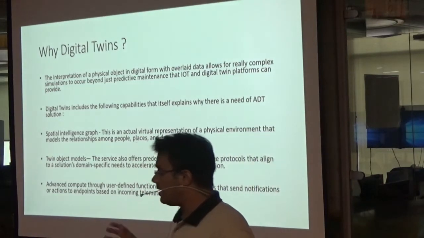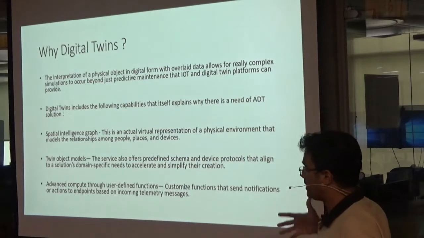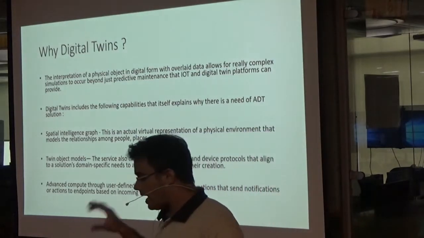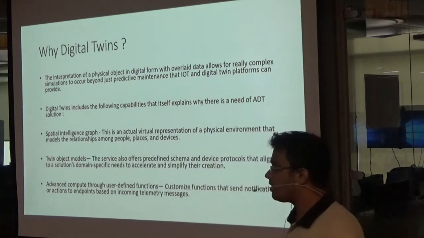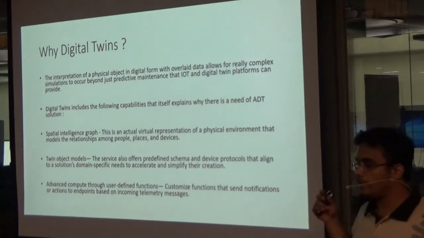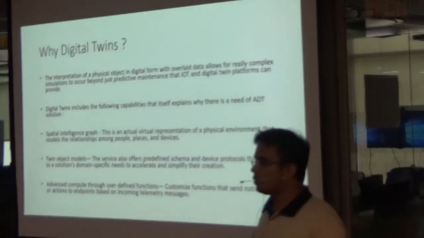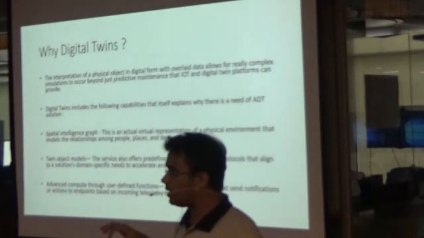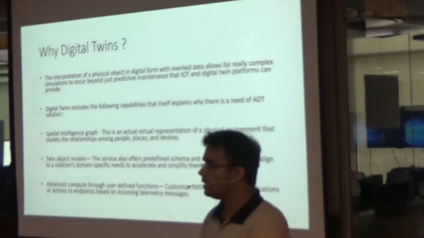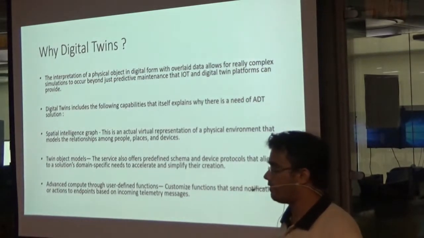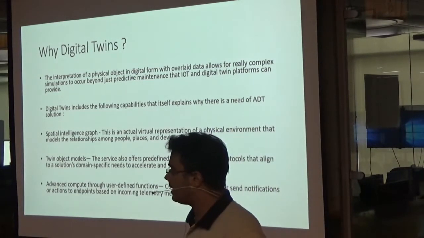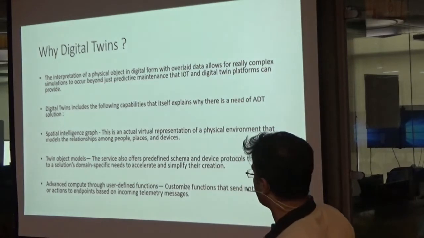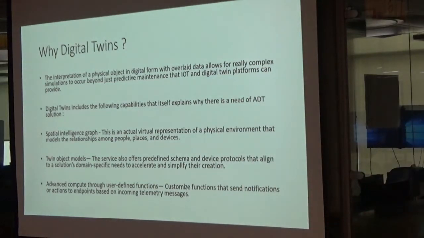Then things started evolving, and then came the metaverse. IoT was pretty much there, but it was not enough to help the scientists or engineers get actual data and predictive maintenance, like predicting events or how the robots or machines will behave. So this concept evolved.